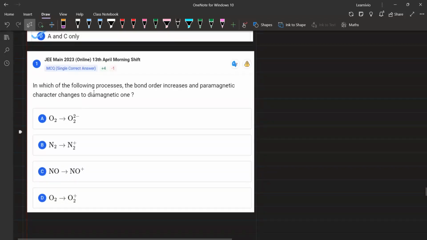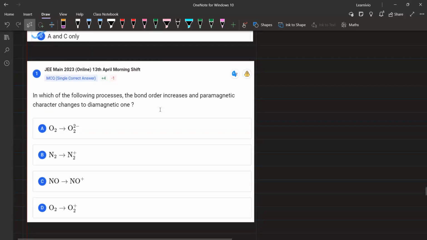In which of the following processes the bond order increases and paramagnetic character changes to diamagnetic one? You have the notes, है ना? Notes से ही कम से कम आप बता दीजिए.